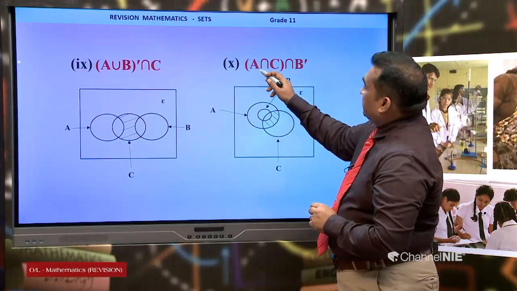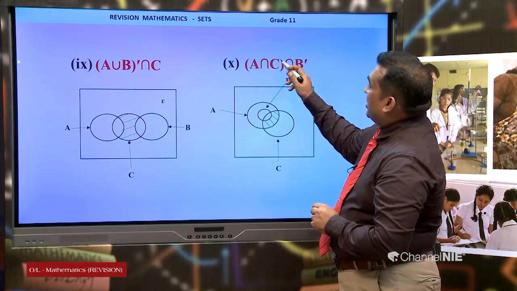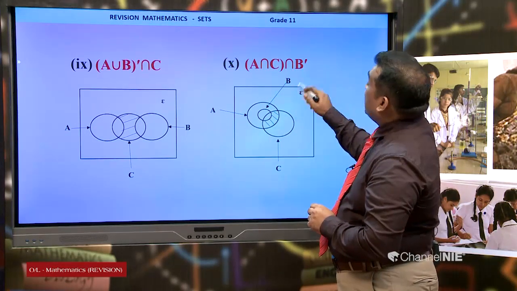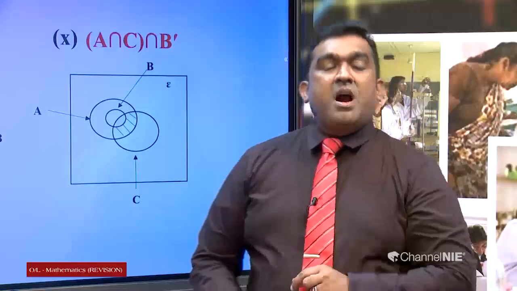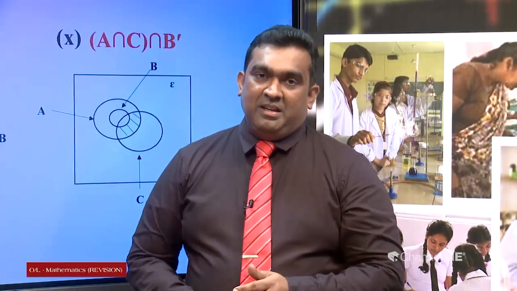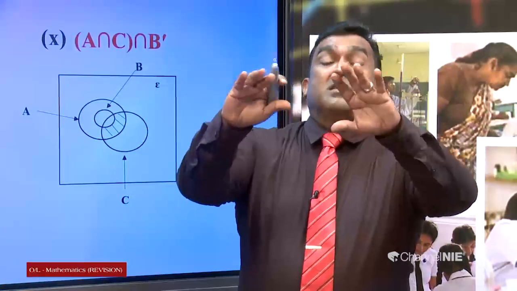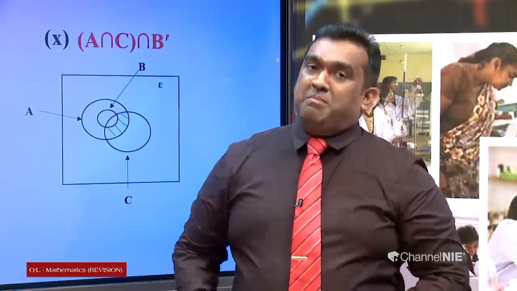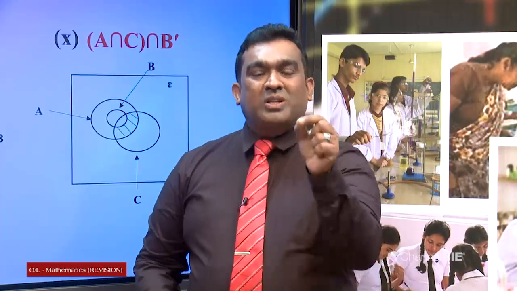Here A intersection C intersection complement of B. Complement means out of B, the region surrounding B except B. Actually, complement means not.